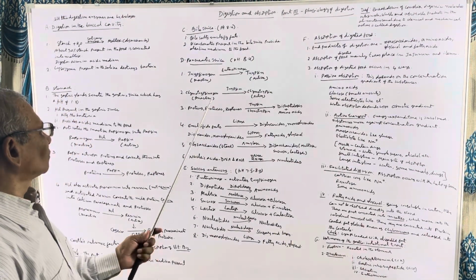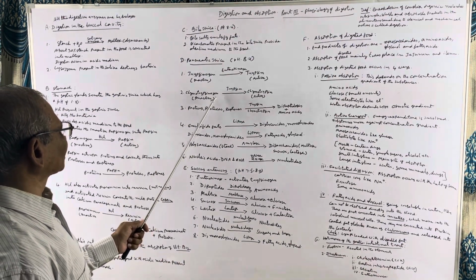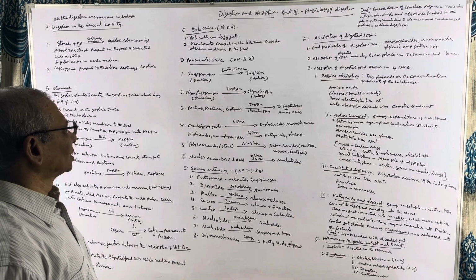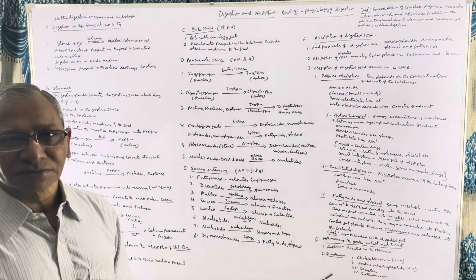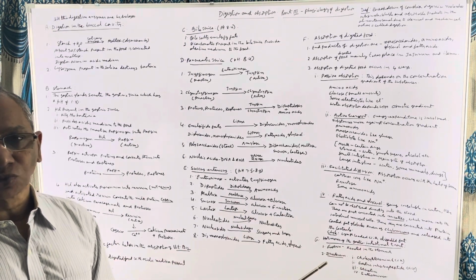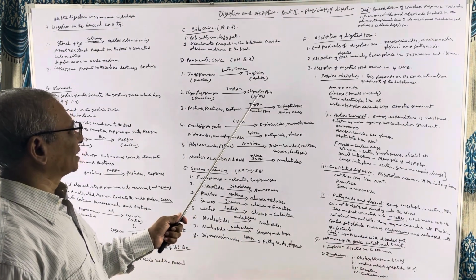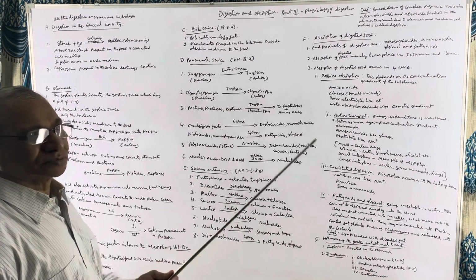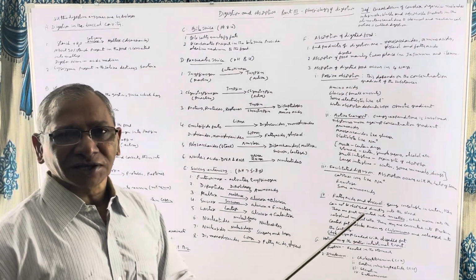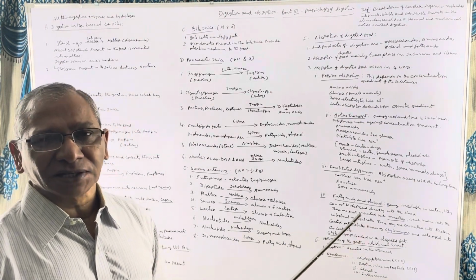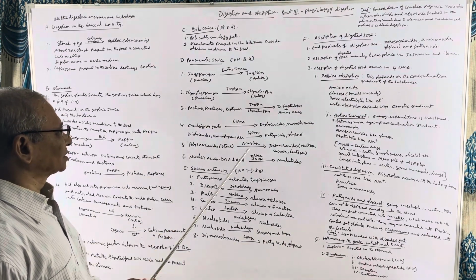Then there is another enzyme in the pancreatic juice known as chymotrypsinogen. It is also secreted in inactive state. It is to be activated into chymotrypsin by trypsin. So first trypsinogen is converted into trypsin, then this trypsin converts inactive chymotrypsinogen into chymotrypsin.